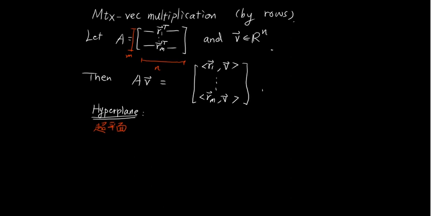For example, let's look at this one. Suppose I have the plane defined by 1, 1, 1, and (1, 1, 1) is its normal vector, 法向量. This vector is orthogonal to each vector on the plane.